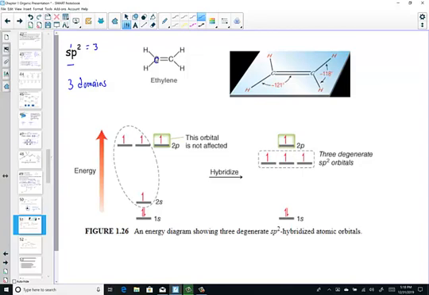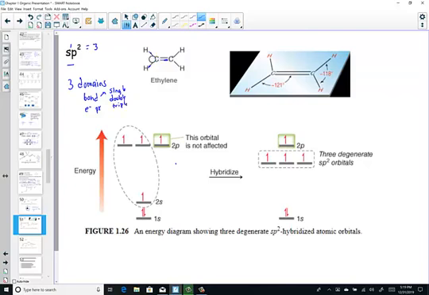In this carbon, I see 1, 2, 3 domains. Now remember, a domain is a bond or an electron pair. The bond can be single, double, or triple. It does not matter. It still counts as one domain.